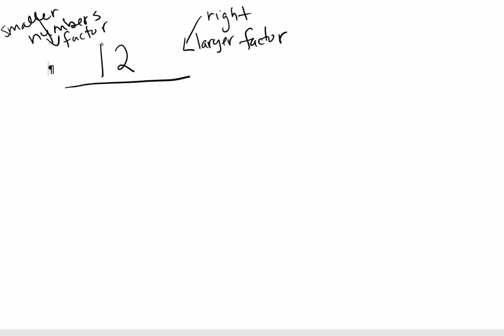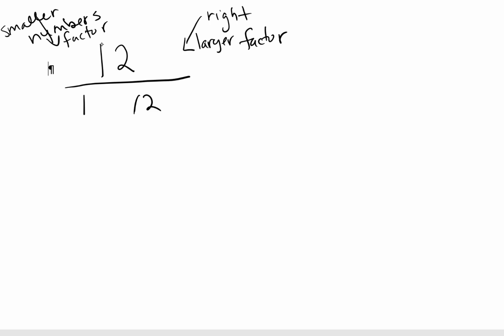So factors of 12. Well, I know that 1 times 12 gives me 12, so those are two factors of 12, 1 and 12. As you can see, the smaller number is on the left, the larger number is on the right. Another factor that goes into 12 is 2. How do I know 2 goes into it? Because 12 is an even number.